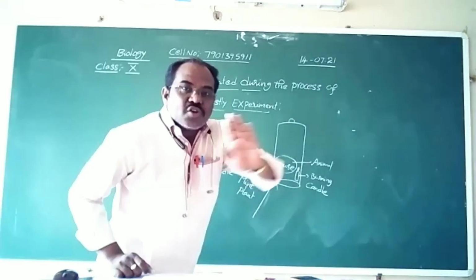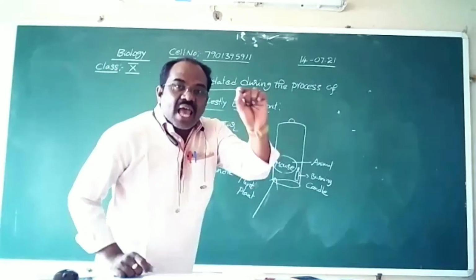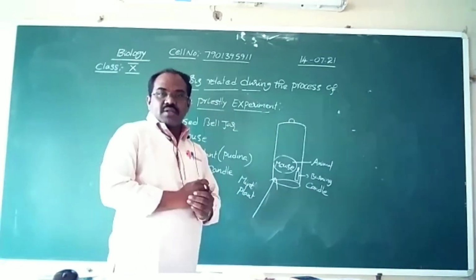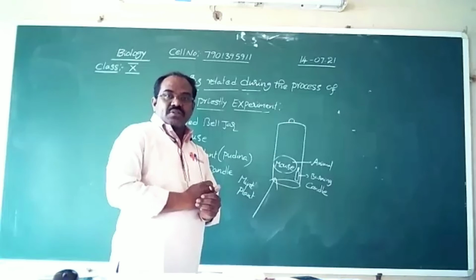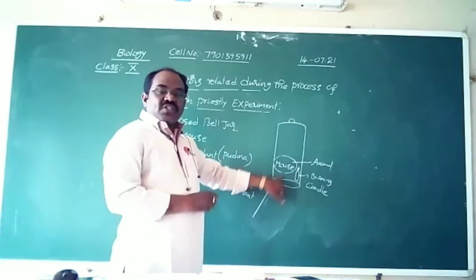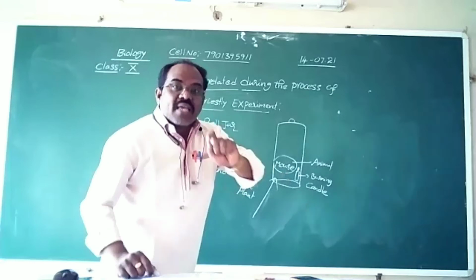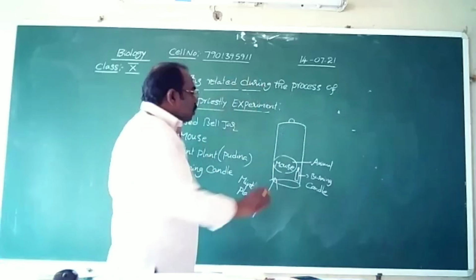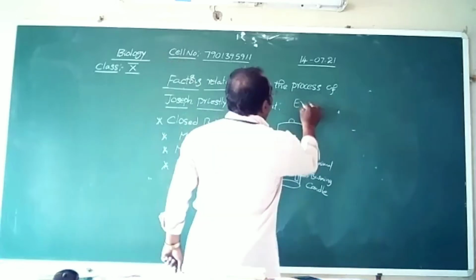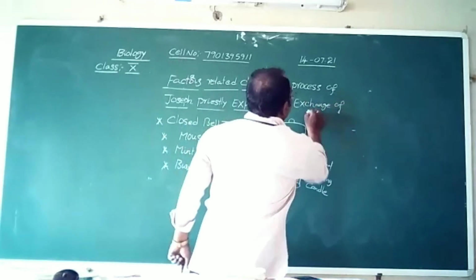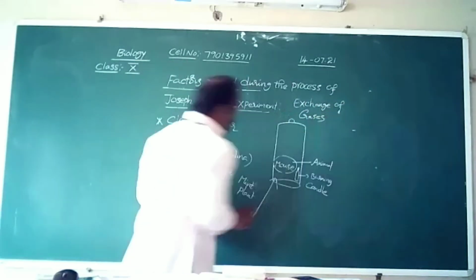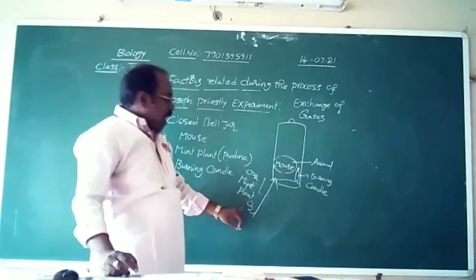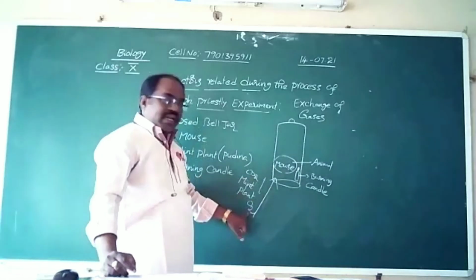The burning candle is continuously burning and the mouse is alive. The mint plant, exchange of gases. This indicates that plants take in carbon dioxide and release oxygen.